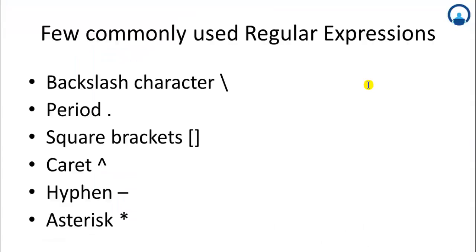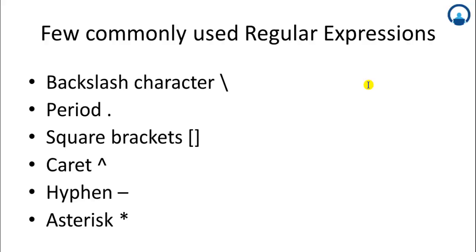What I explained was a few of the regular expressions, and there are many more which can be used, and there's a mix and match of combinations of them, and you can achieve your goal. You can check the web for other regular expressions apart from the examples I have shown you.